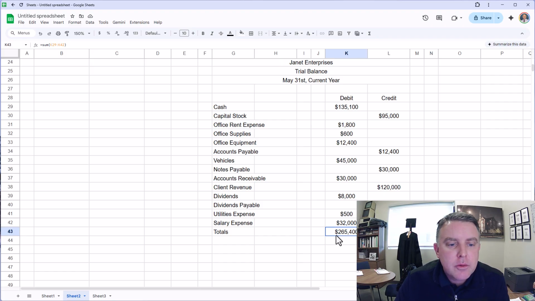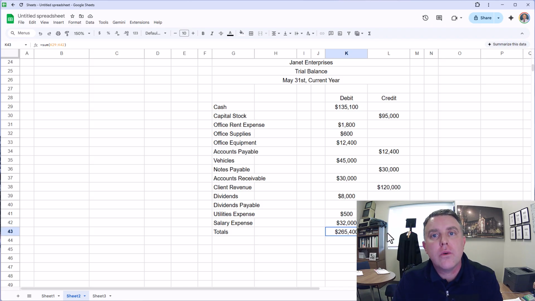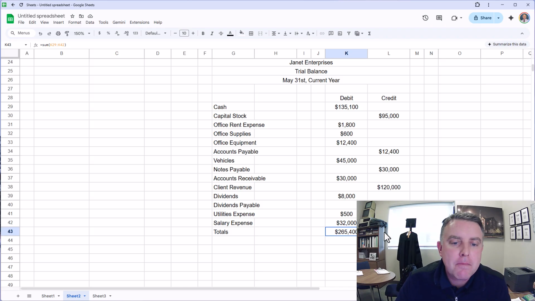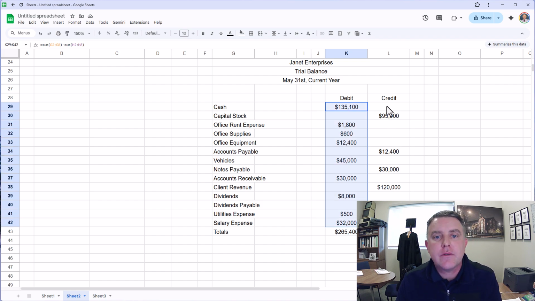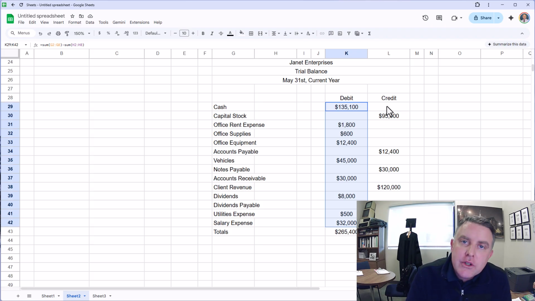So if we got a trial balance where the total of the debits were different than the total of the credits, we will know that we did something incorrect here. So this accounting equation that we keep referring to, it has this feature in it where it checks your work for you. If the equation doesn't balance, you know that you've done something wrong.